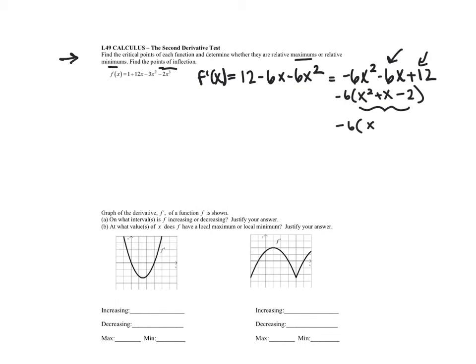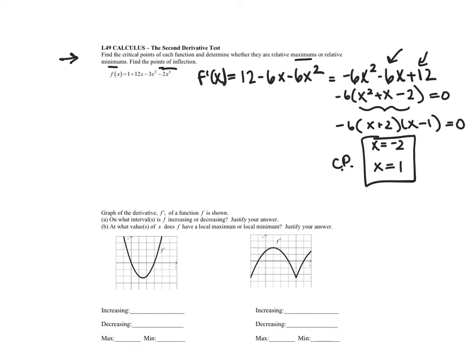This factors into x plus 2 and x minus 1. And why I'm factoring it is because remember, when I'm finding the critical points, the slope is equal to 0. You can now see that my critical points are x equals -2 and x equals 1. So these right here are my critical points.